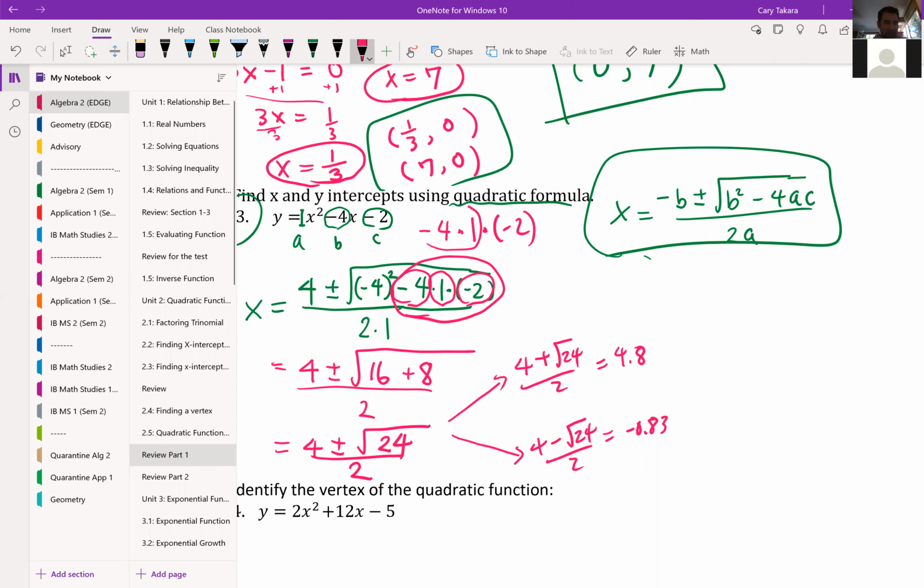Okay, let's figure out 4 plus square root of 24 divided by 2. 4.4. And then what do you get?